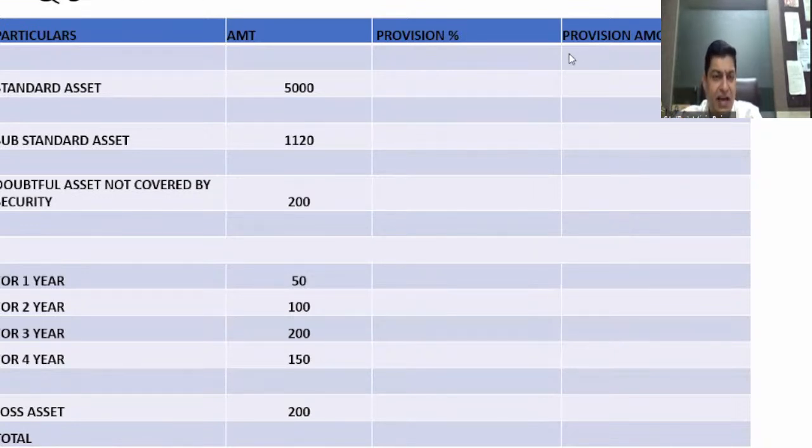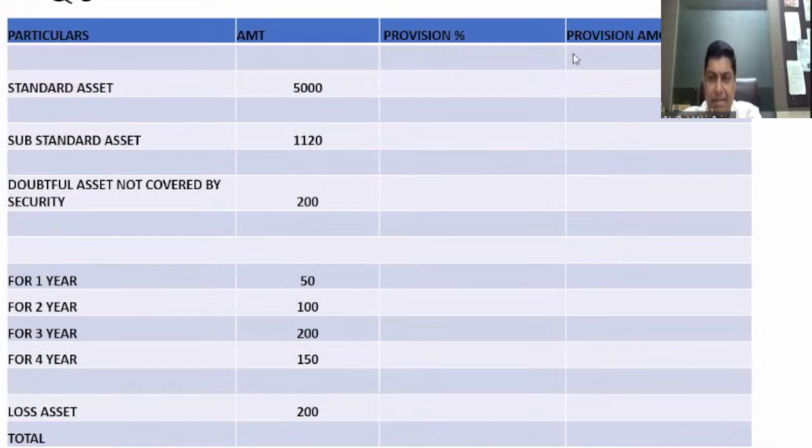That's great. A student has started to answer. Very nice. So guys, first prepare the table and then we will start step by step how much percentage we should follow. Very nice. Some student has told the total even. Total of all.